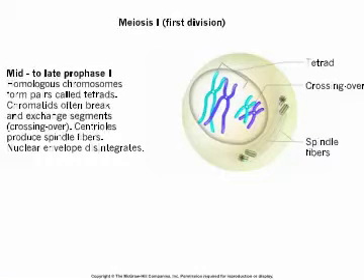So we're still in meiosis I. Now we've gone from early prophase I to mid to late prophase I. So in this cartoon, you can see one chromosome from the mom and one chromosome from the pop. They've lined up together. There's a lot of things you can say about this alignment.